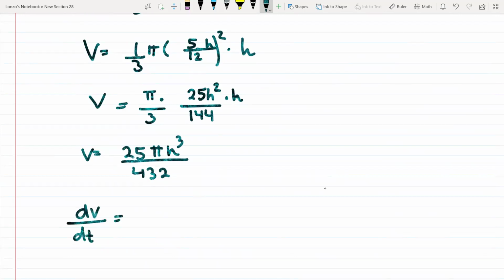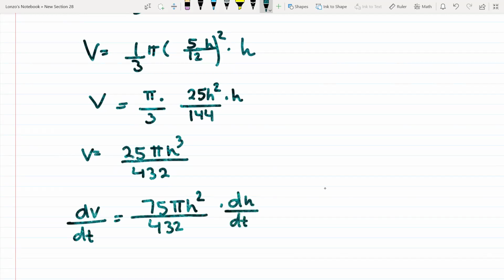And then the derivative of 25 pi h cubed all over 432, you would apply the power rule. So multiply 3 by 25. That would be 75, right? 3 times 25 is 75 pi h squared over 432. And then you have the dh/dt.